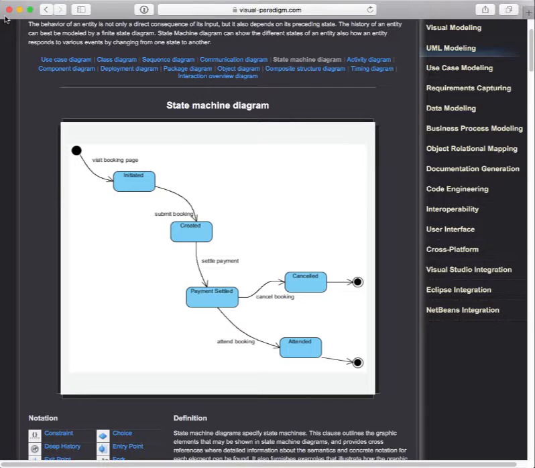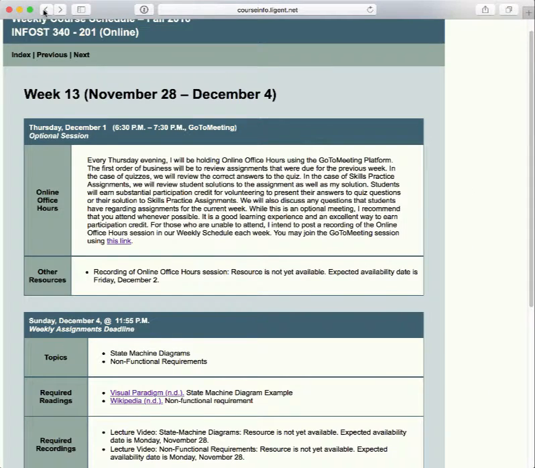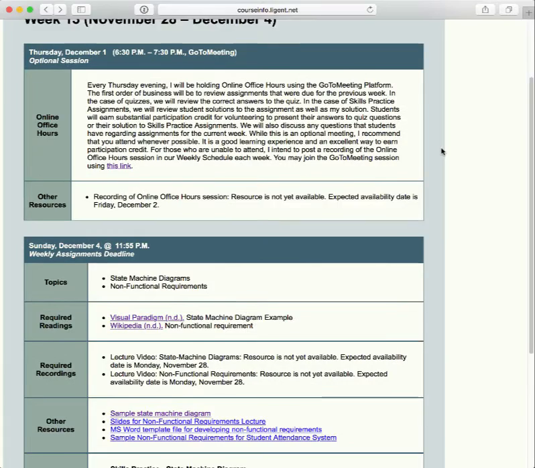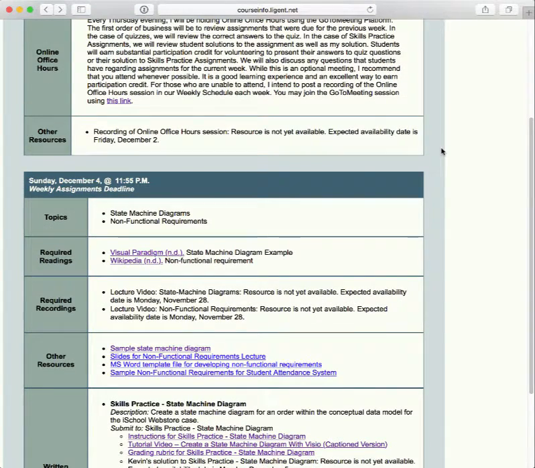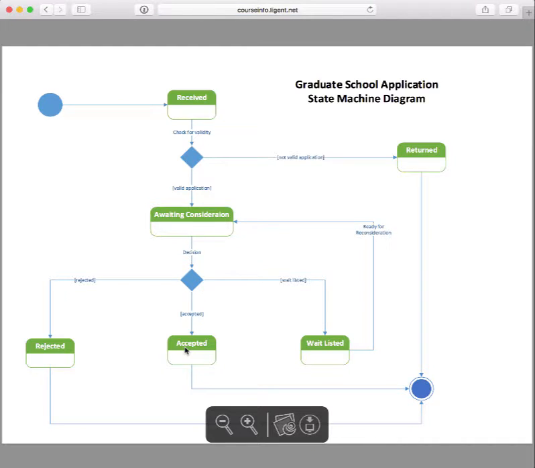Now, let's look at another sample state machine diagram. This one I put down here under other resources, sample state machine diagram. And this is the one that I told you about a few minutes ago when I said that we had a graduate school application. Okay? Now, what I've tried to do here is to document the use of a couple of things.